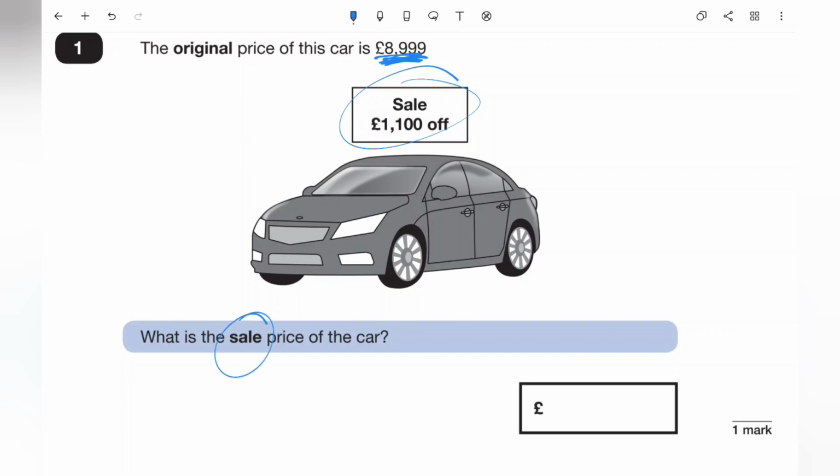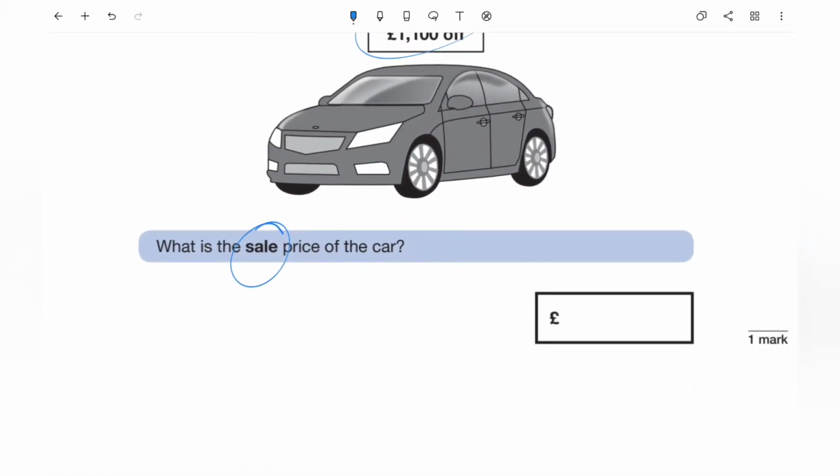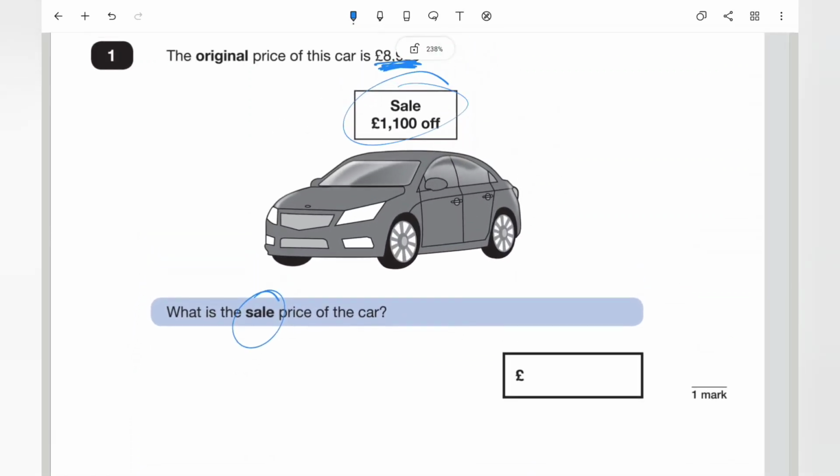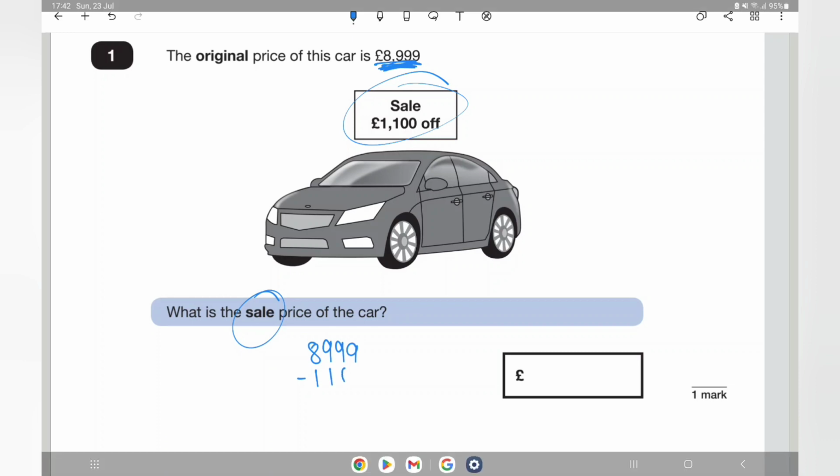To work this out, we do the original price, subtract the sale, and then you'll find the new sale price. So again, very simply, use your column method. We've got 8,999 subtract 1,100.